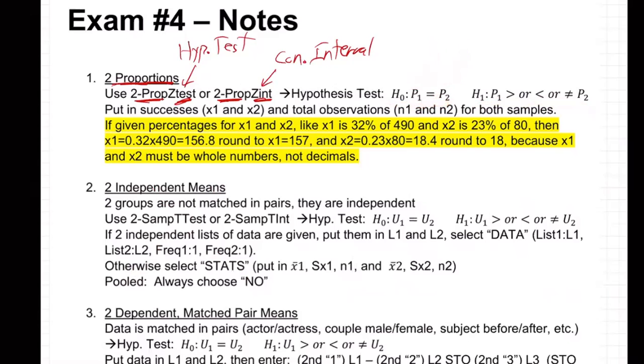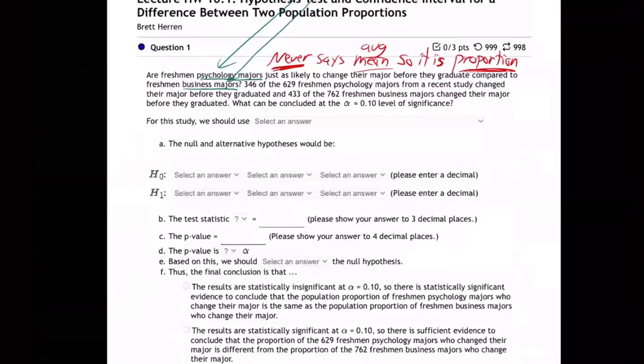So we're not just saying P equals a number. We're saying P1 equals P2 because we have 2 proportions. We're comparing them. And H1 says P1 is greater, less, or not equal, because that's the opposite of equals, right? One of these is the opposite of equals. Put in the successes, X1 and X2, and total observations in 1 and in 2 for both samples. If given in a percentage, I put a note there, but we don't have a percentage.